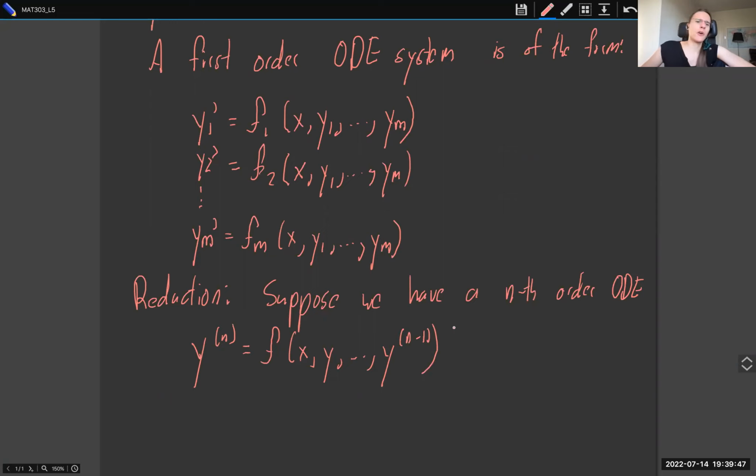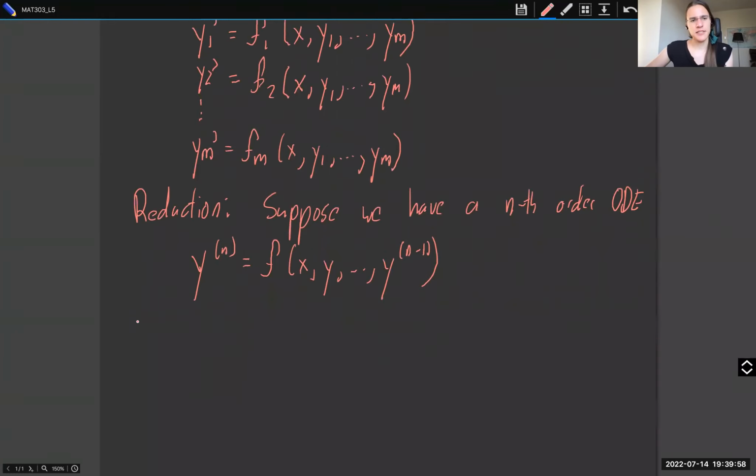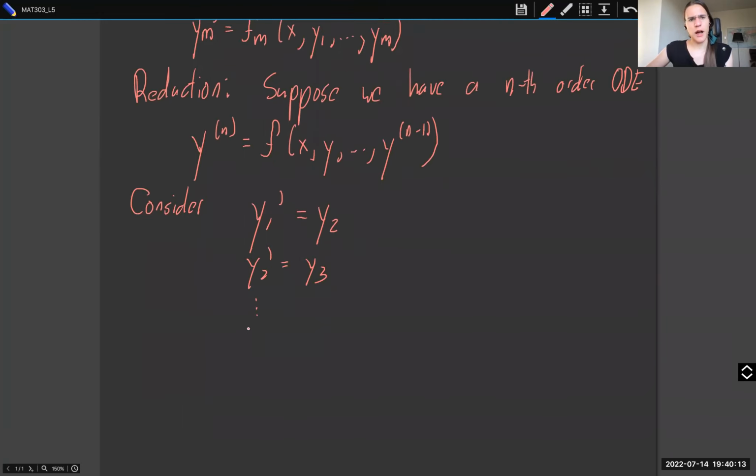So this is what an arbitrary nth order equation is. Well, I'm going to claim that we can write it as a first order ODE system. Consider y1 prime is equal to y2, y2 prime is equal to y3, etc., up to y_{n-1} prime is equal to yn, and then yn prime is equal to f.